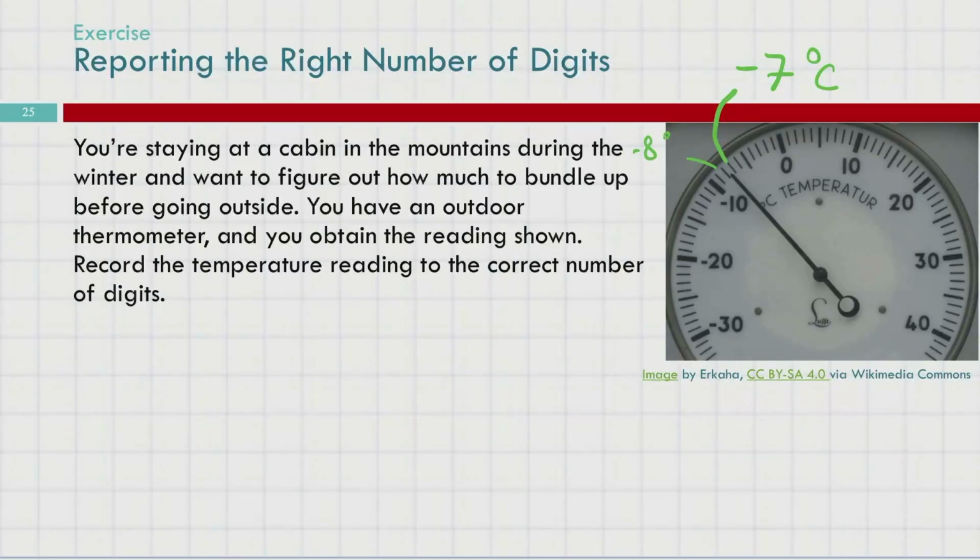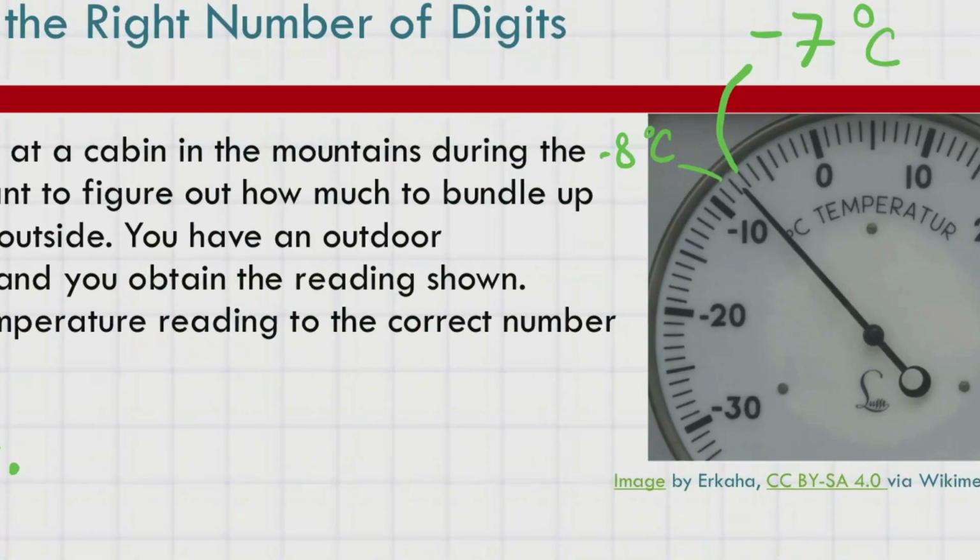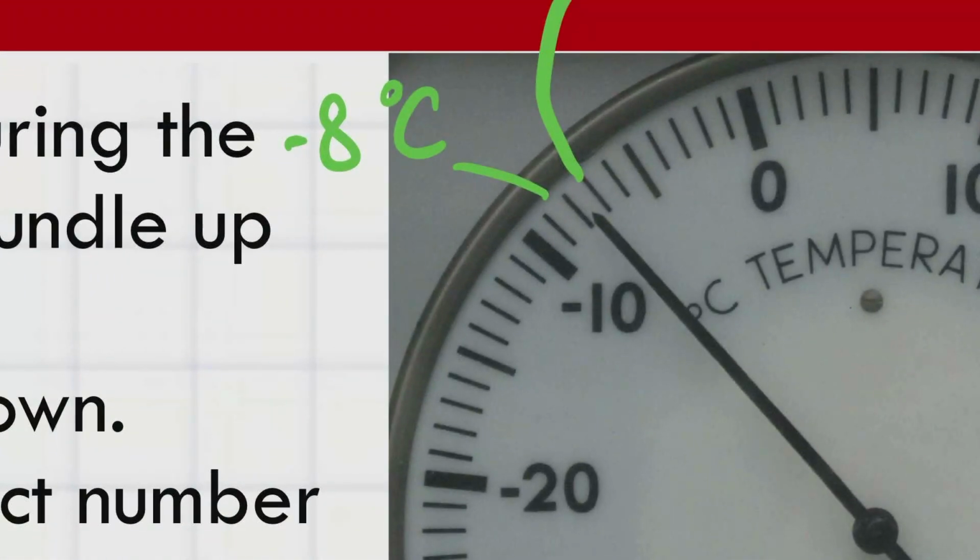-8 degrees Celsius is right next to it. We are somewhere in between those two numbers. So we are definitely at -7, and then we would have to guess how far we are between that. To me, it looks like we're definitely past halfway. We're maybe a little bit past, so I would say -7.6 or -7.7.